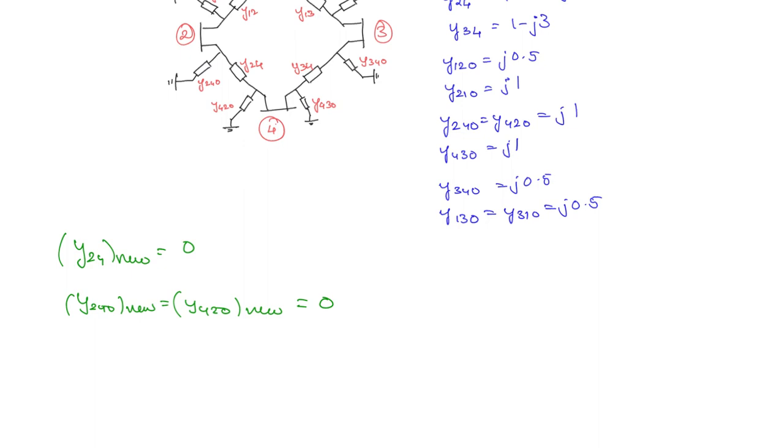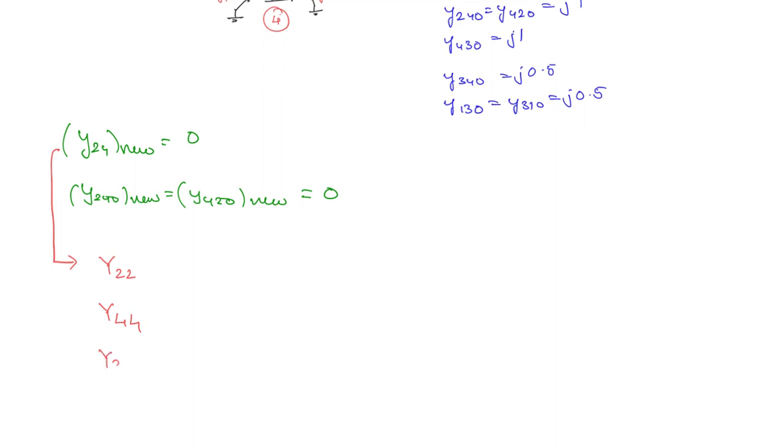When there is no transmission line, there is no admittance between that line and the ground. Now what are the admittance matrix elements that are going to be affected? From Y24, the elements that are affected are Y22, Y44, Y24 and Y42.